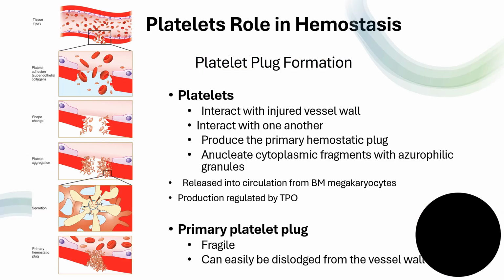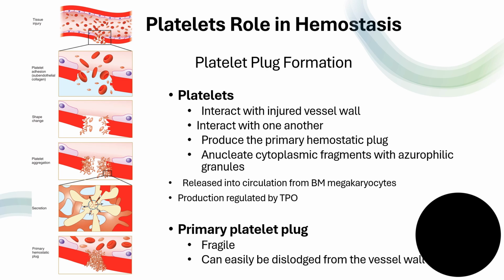Platelets are small anuclear cell fragments essential for hemostasis that are released into circulation from the bone marrow by megakaryocytes, and their production is regulated by a hormone called thrombopoietin. During vascular injury, they adhere to exposed collagen via von Willebrand factor, which triggers a shape change from discs to spiky spheres that enhances their ability to bind.